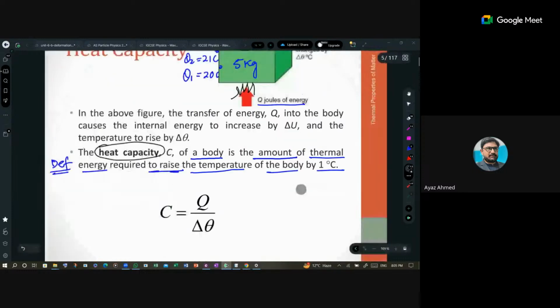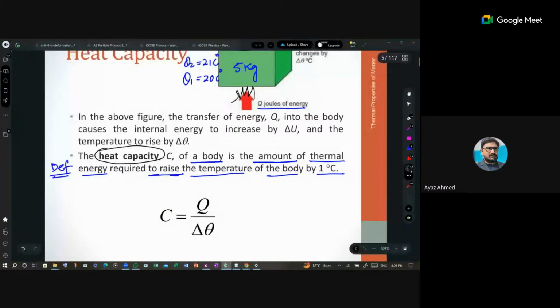Yes. So first you have to remember this definition, and secondly its equation. This is capital C. There is a difference between small c and capital C. Capital C is heat capacity, not specific heat capacity.